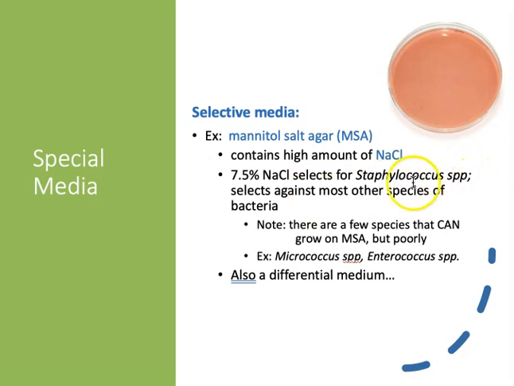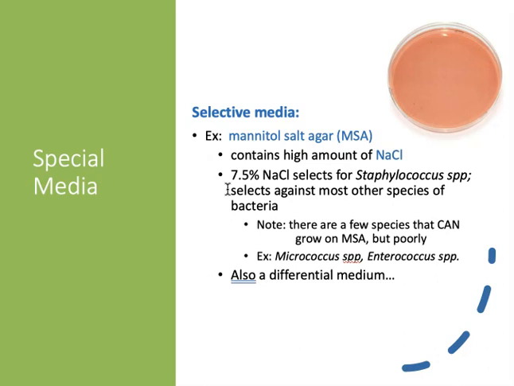Staphylococcus species grow quite well in 7.5% sodium chloride. So mannitol salt agar is primarily used to select for, or support the growth of, Staphylococcus species. At the same time, it will select against, or inhibit the growth of, virtually all other species of bacteria, with a couple of exceptions.